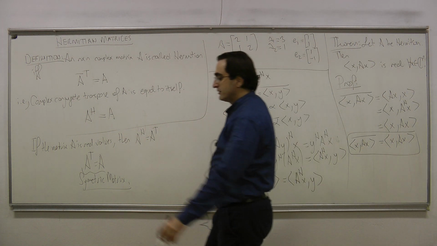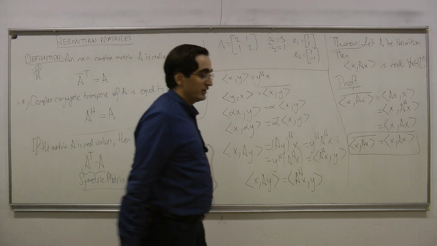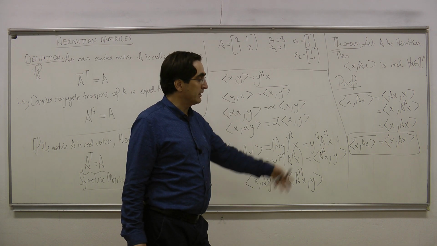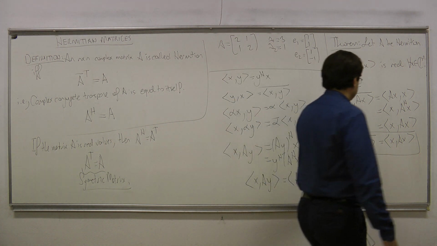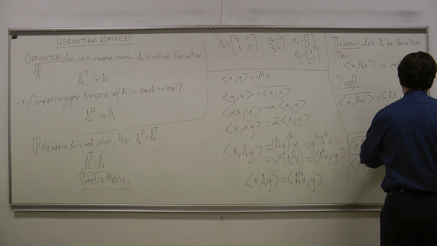This shows that this quantity should be real, because if it is complex, if its imaginary part is non-zero, then it wouldn't satisfy such a property. Its complex conjugate would not be equal to itself if it was complex. As a result, we can say that X, AX is real.